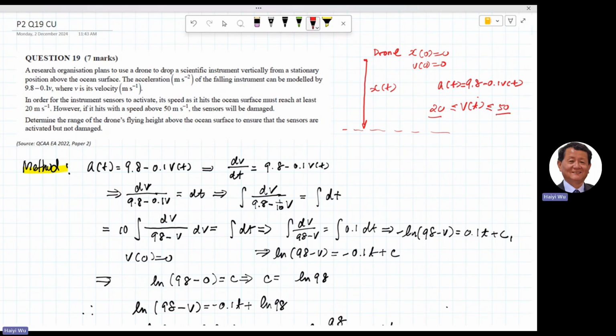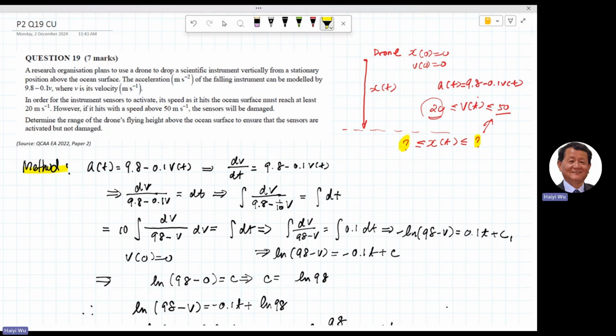But if it is more than 50, the sensor will be damaged. So we need to determine the maximum X so that we don't hit that speed of 50, and the minimum distance, the height from the drone to the ocean, where that speed will be 20. So we need to find those values.